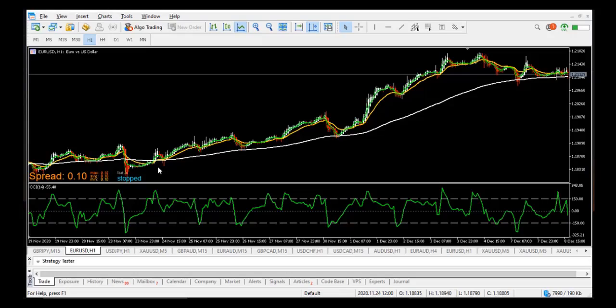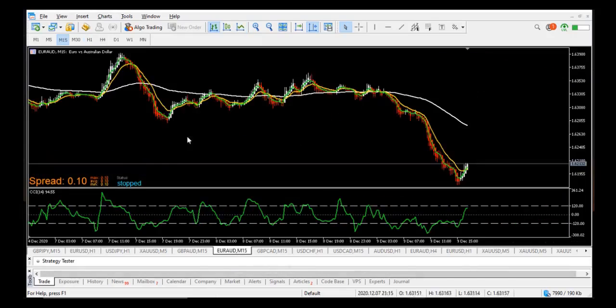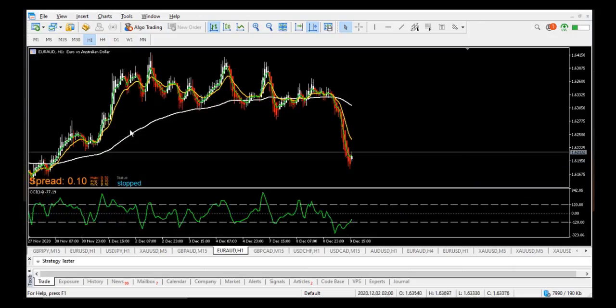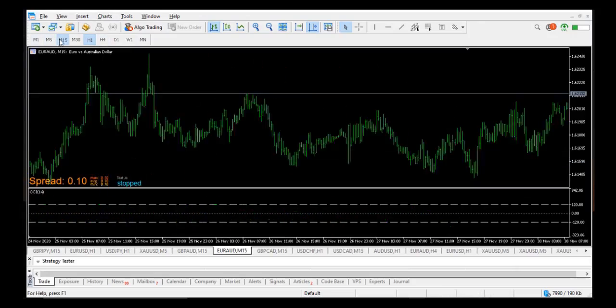That's why I highly recommend you trading on gold pair and GBP pairs. But if you must trade on euro pairs, such as the EURUSD or euro CAD, or euro Aussie dollar, I would recommend you trading on the 1 hour time frame.